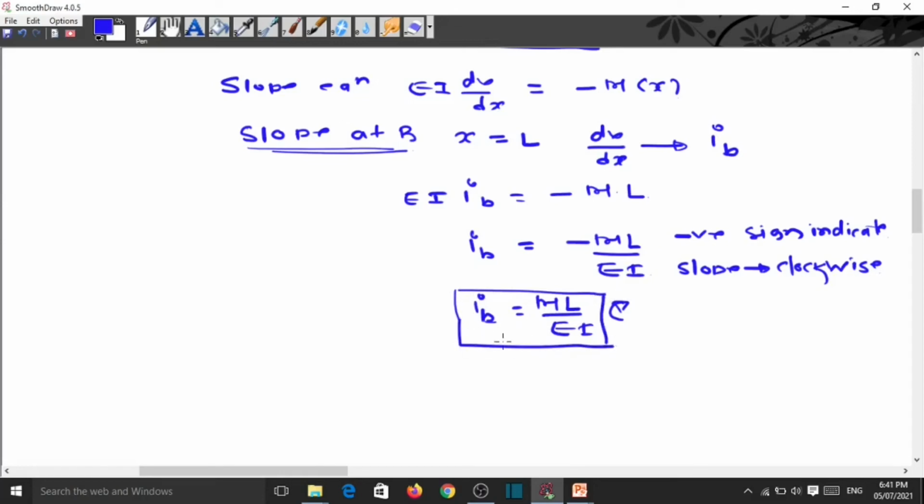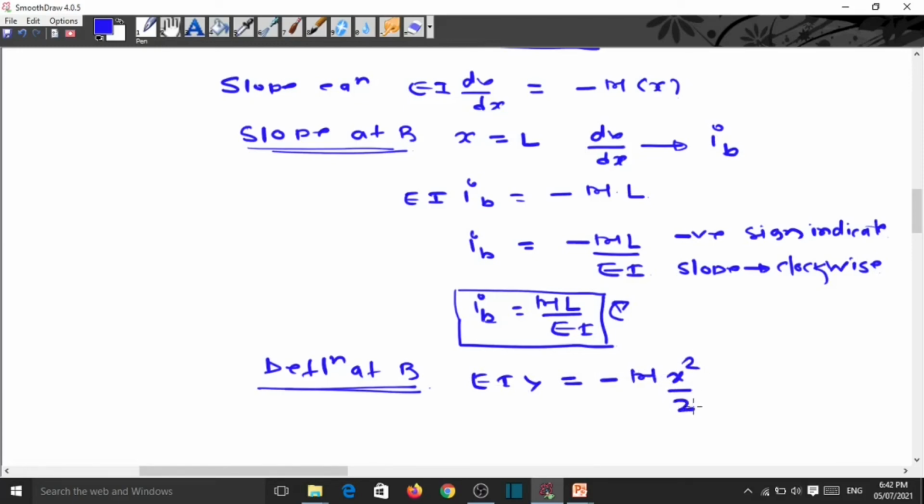Then next is the deflection at B, that is the free end. For that we first write this equation: EIy is equal to minus Mx square by 2.